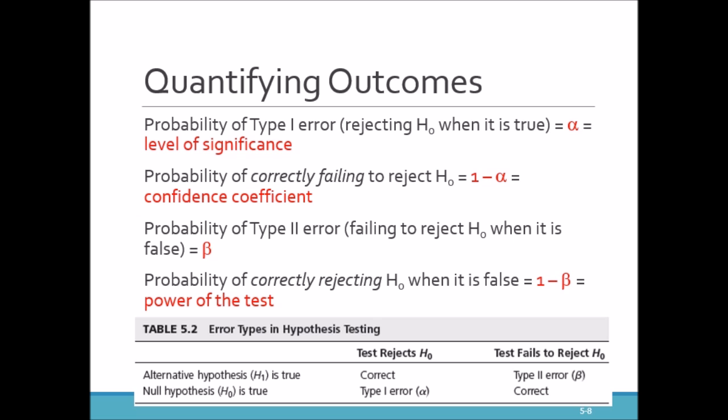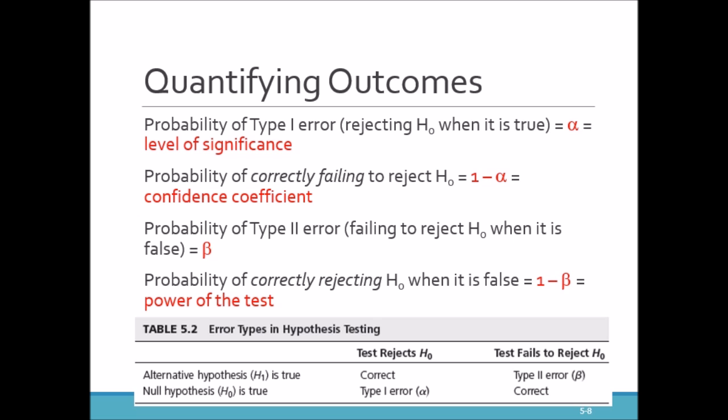If we want to be 99% confident of not making a type 1 error, so we really want to make sure that we don't put an innocent man in jail, then we go to an alpha of 0.01.